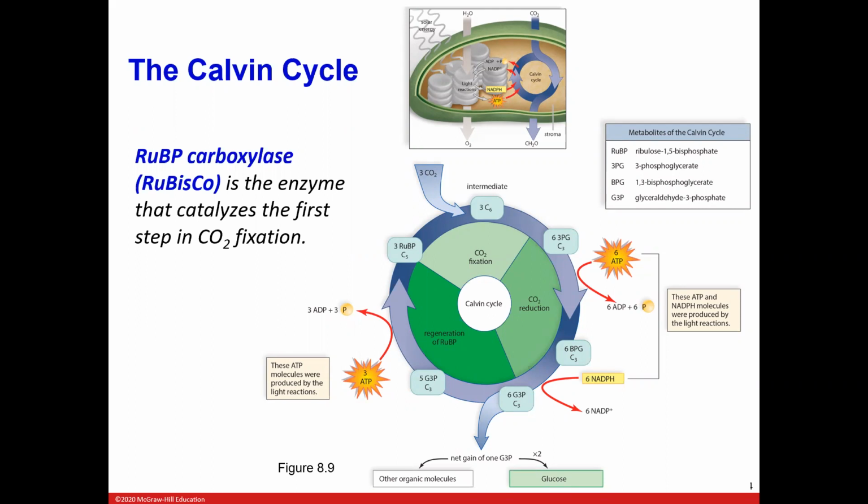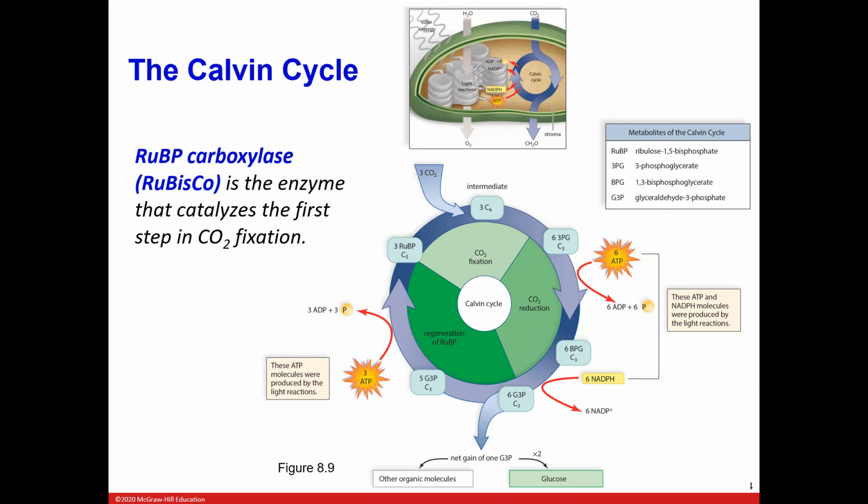You can see that the name change makes sense. Here the phosphate was at the 3 position. Now we've added a phosphate, so we have 2 phosphate groups, so that's 1,3. This is just indicating the positions, right? We have carbons 1 through 3. And bisphosphate is like a bicycle, which has 2 wheels, so we have 2 phosphates added to this glycerate.